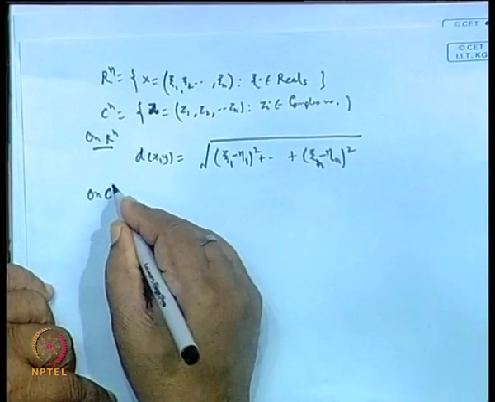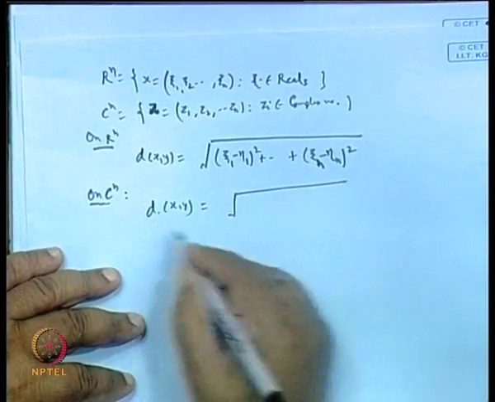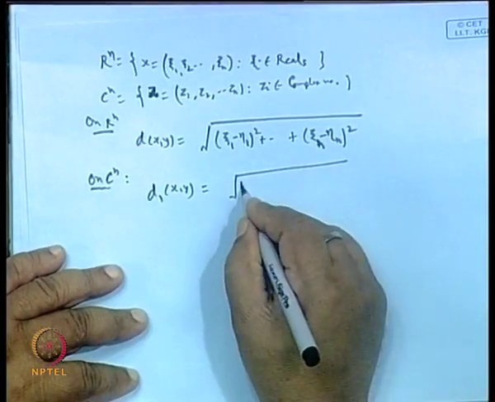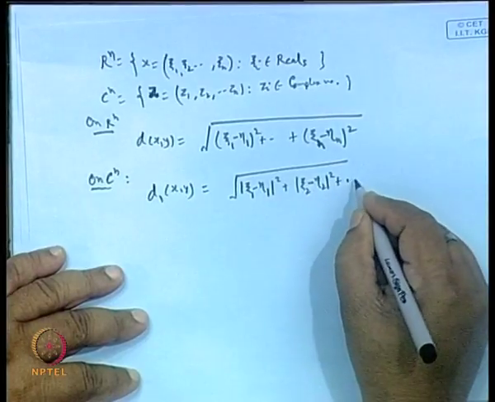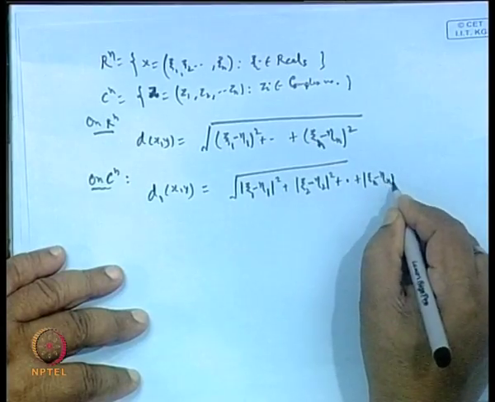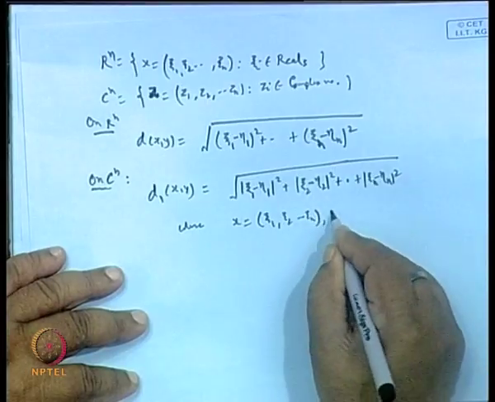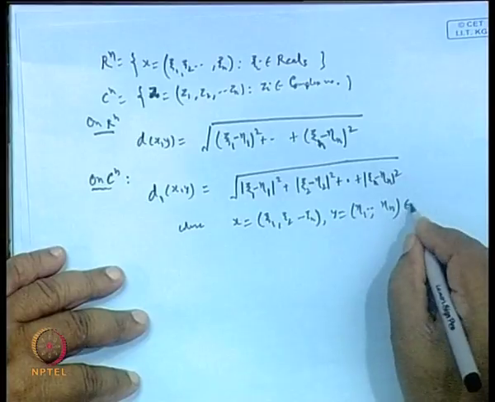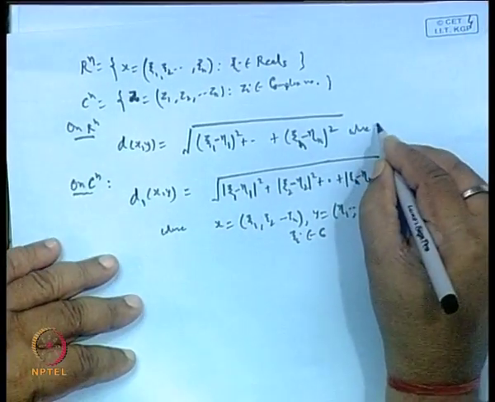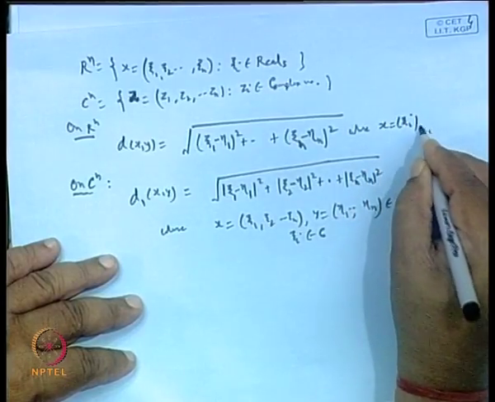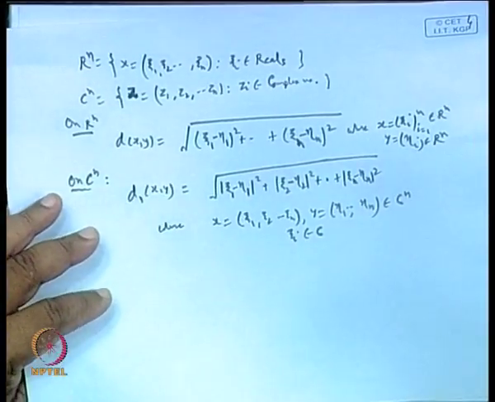And on Cn, we introduce the distance d1 as the square root of mod of xi1 minus eta 1 whole square plus mod of xi2 minus eta 2 whole square and so on plus mod of xin minus eta n whole square, where in this case x, which is xi1, xi2, ..., xin, and y, which is eta 1, eta 2, ..., eta n, belong to Cn, where each xi is a complex number, while in the first case x, which is xi i, i is 1 to n, and y, which is eta i, both are in Rn, that is they are reals.